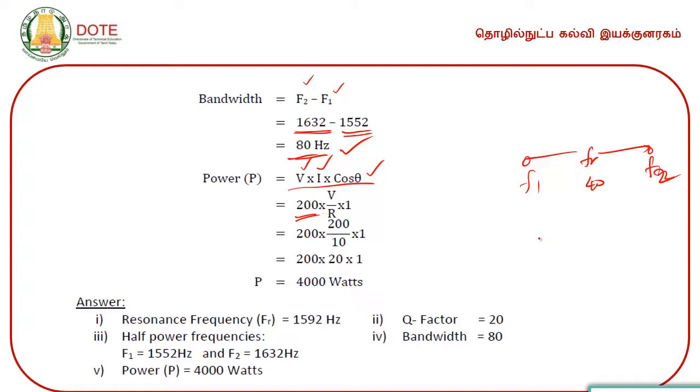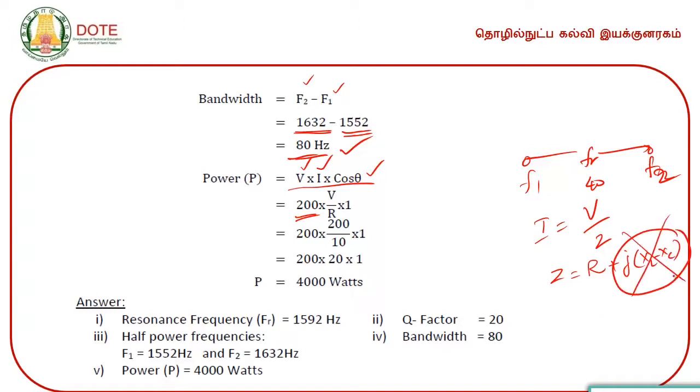How to calculate I? I is equal to basically V by Z, but we are substituting V by R. Why we are substituting V by R? Already we have learned this. So, exactly at resonance Z becomes R, because this j plus XL minus XC, this term will no longer appear.